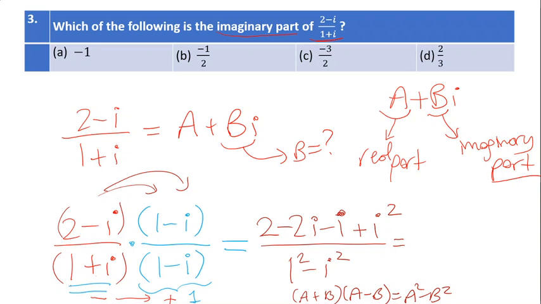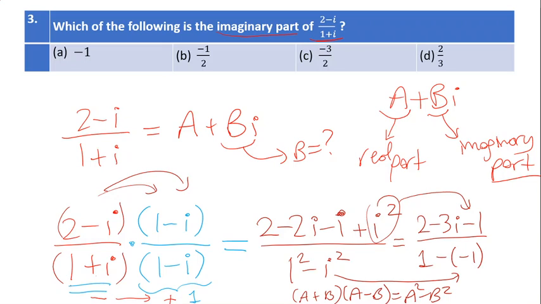Now, after doing this, you will have 2 minus 3i minus 1. Don't forget this, i squared becomes minus 1. Divided by 1 minus (-1). You see it? When you combine the real parts with reals and the imaginary with the imaginary units, you end up with this.